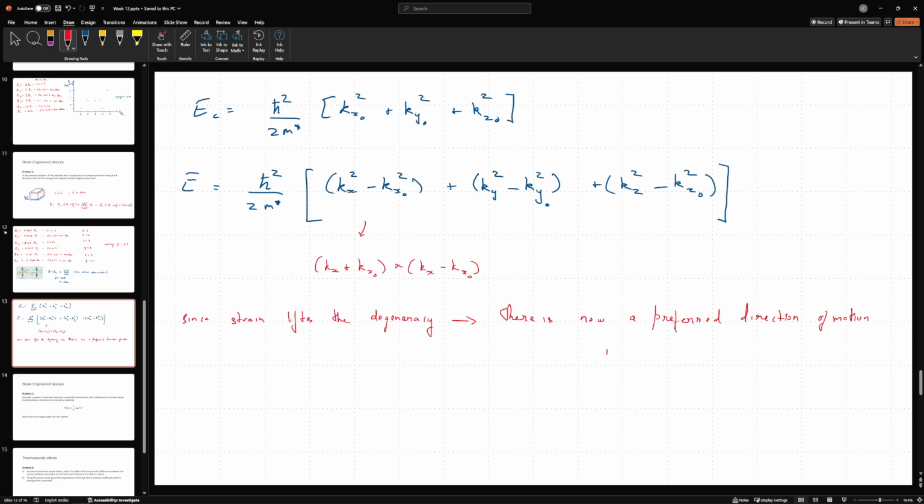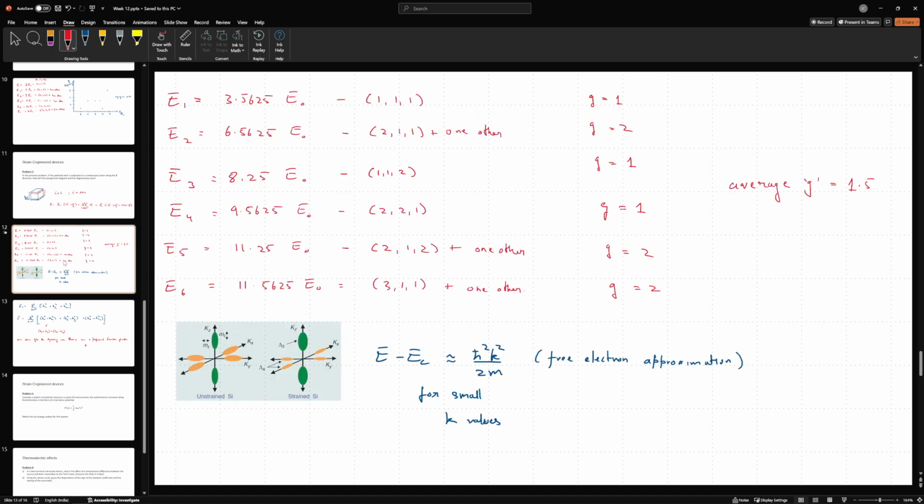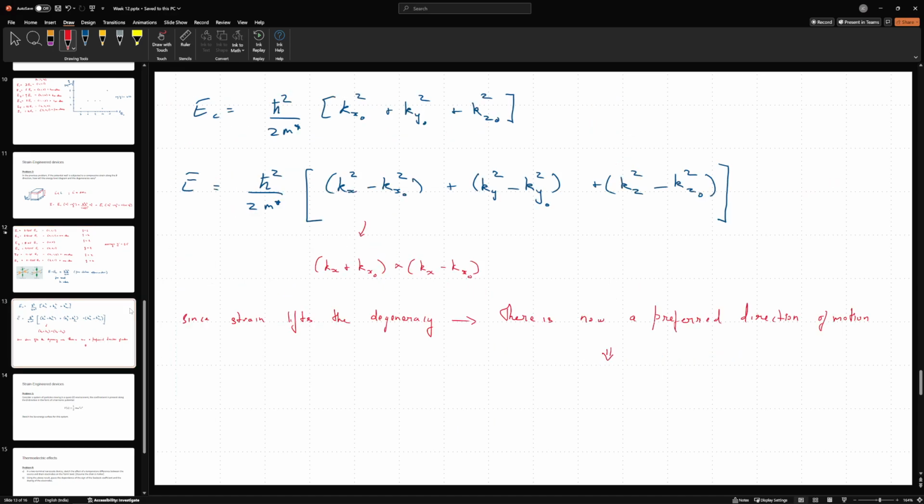So what do I mean by this? These are supposed to be your energy valleys. These are your constant energy points near the minima of the conduction band. There are 6 valleys present for 100 silicon, which is a cubic lattice. The introduction of strain reduces intervalley scattering. This is the important takeaway point here.